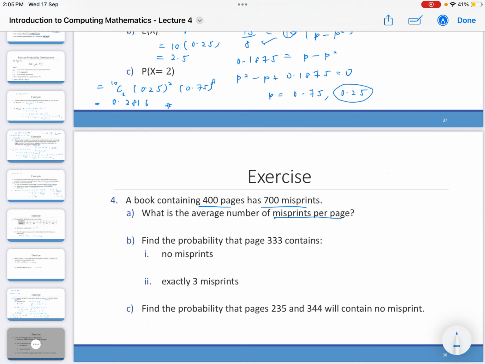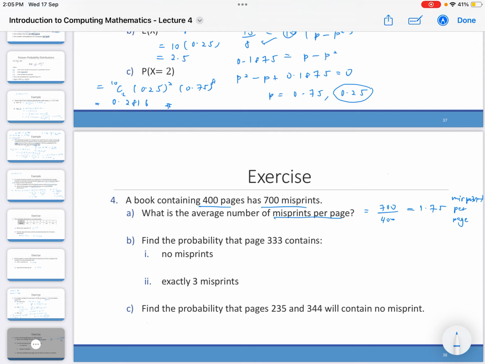For this one, the answer will be 700 misprints divided by 400 pages. So we get 1.75 misprints per page.